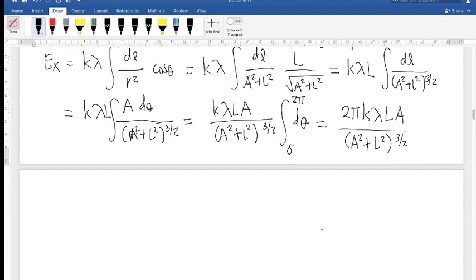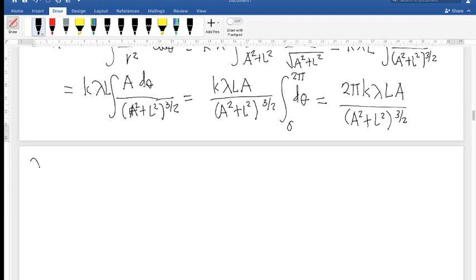Now your lambda is actually the total line charge density. So lambda is equal to the total charge, positive q, divided by the total length.